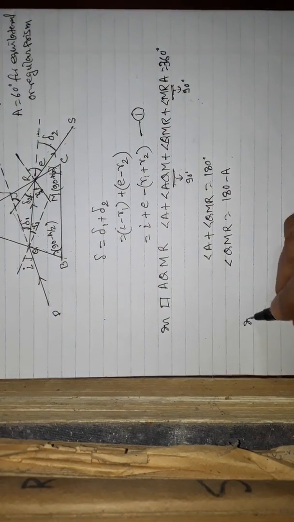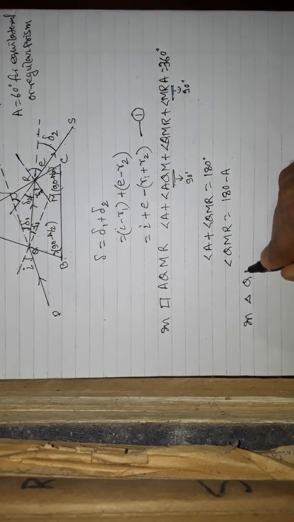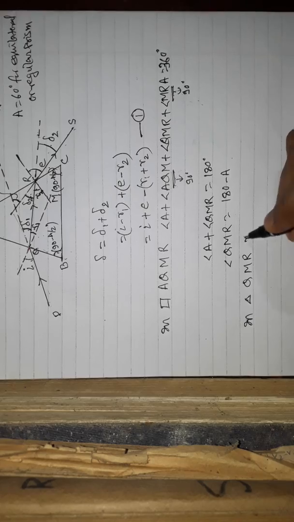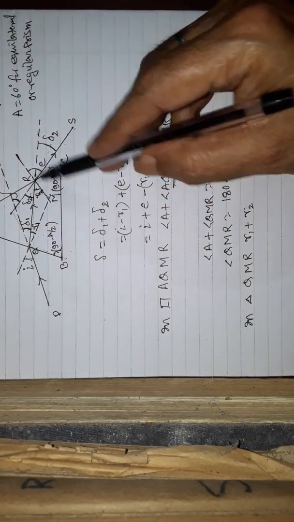Now in triangle QMR, angle R1 plus angle R2 plus this QMR, which we have got as 180 minus A, is 180.